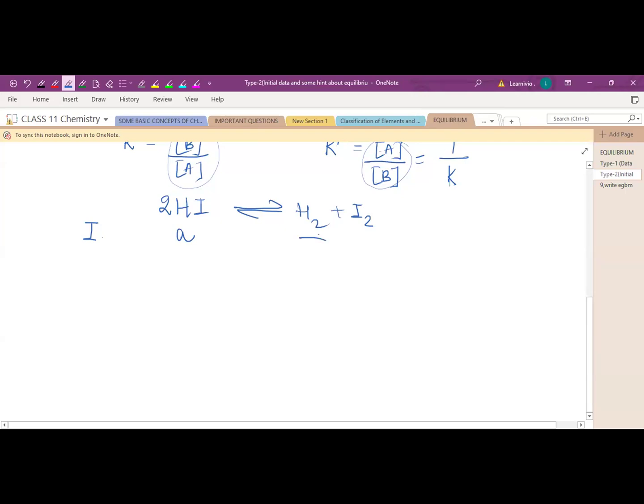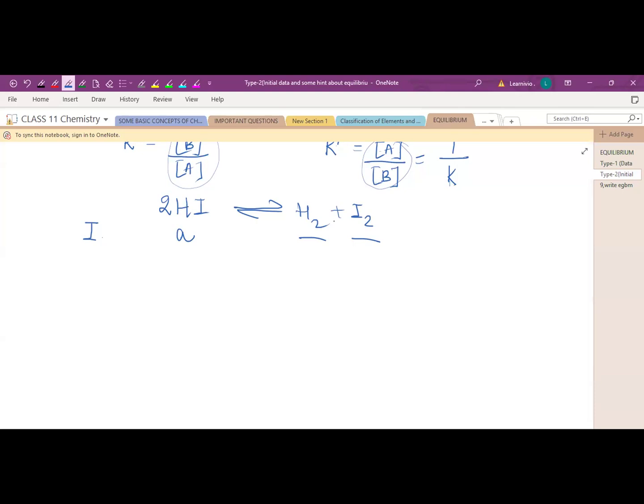There is none, because the product has not formed yet. Only the reactant is there. The reaction has not started yet.